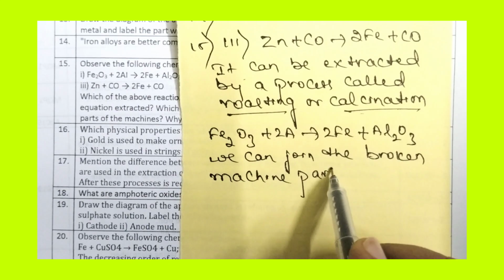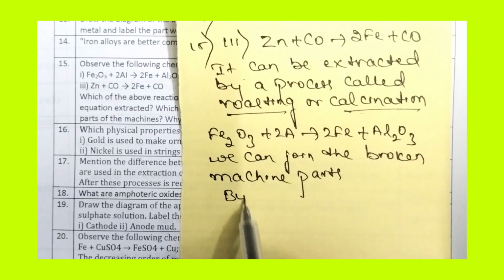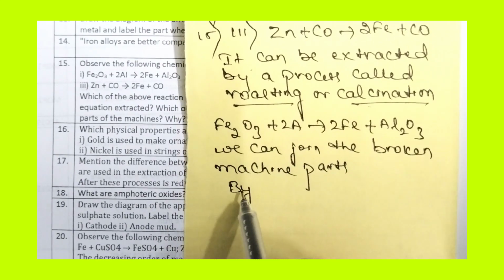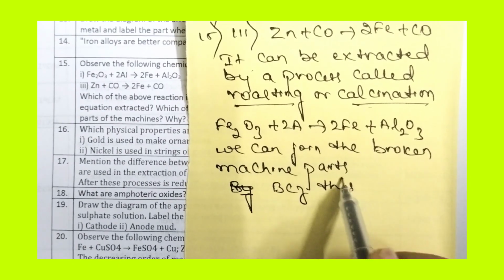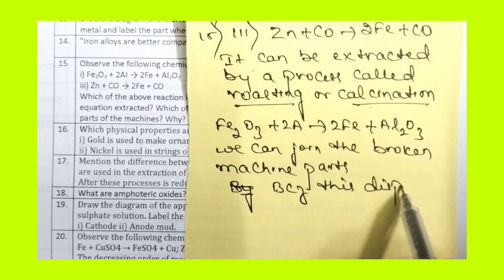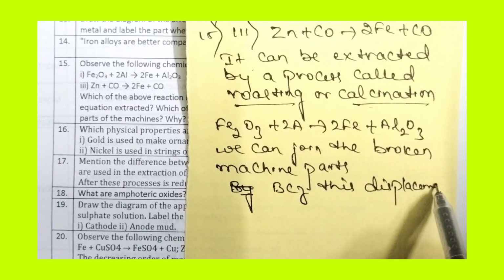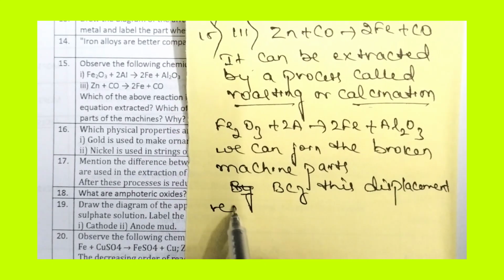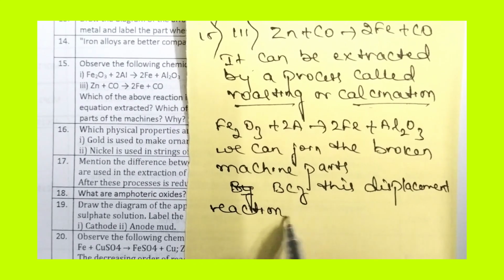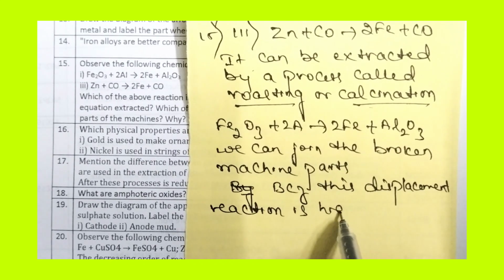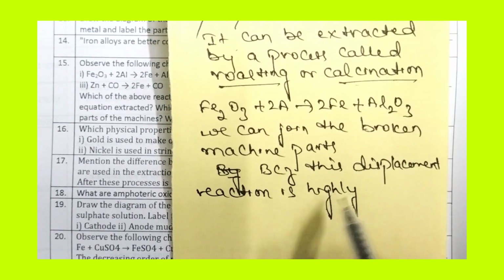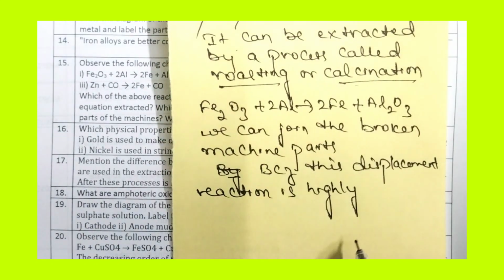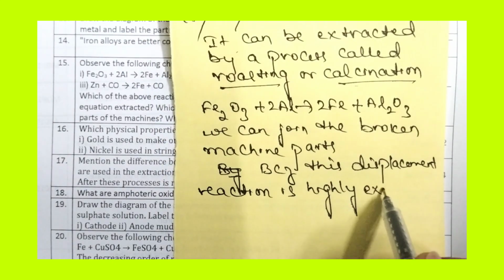Why? Because this displacement reaction is highly exothermic, that is the thermite reaction. This displacement reaction is highly exothermic.